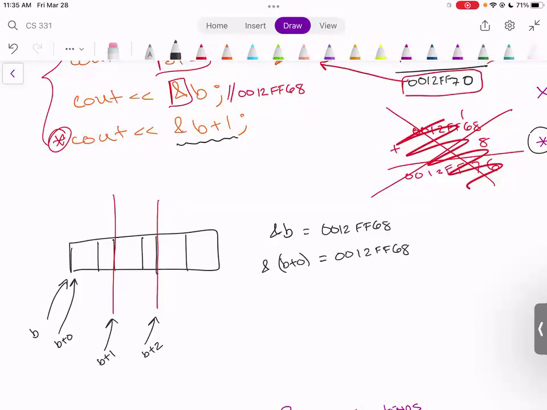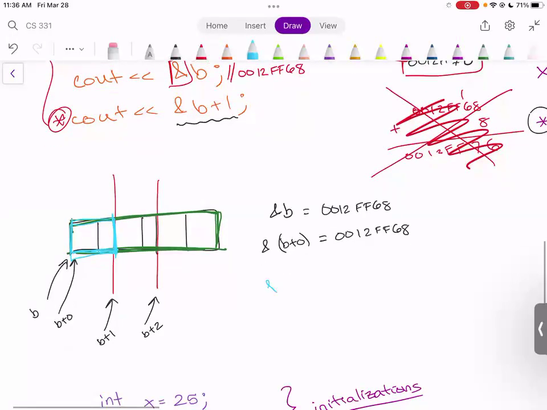However, B points to this. B refers to all of this in dark green, if you guys can see that. B plus 0 only refers to the light blue. Does that make sense? Yep. Great.